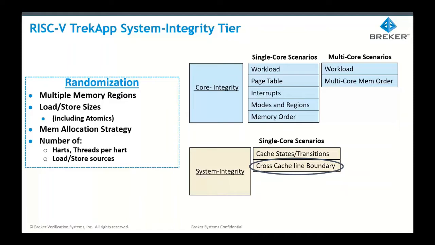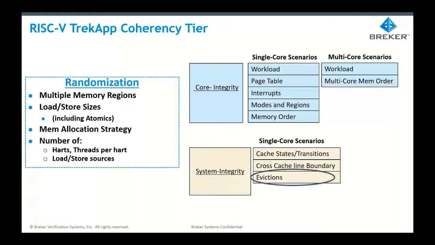Cross cache line boundary, that's an easy one. We make sure that we have some underlying cache accesses. And evictions, again, another easy one, where we use algorithms so that we hit certain cache locations very, very often so that we cause evictions to occur.